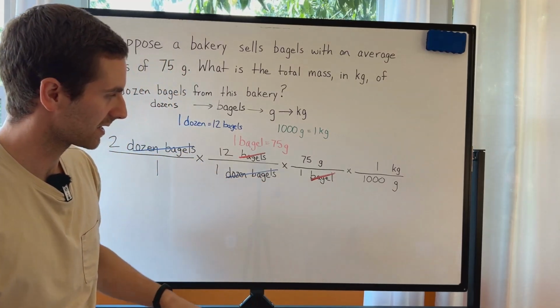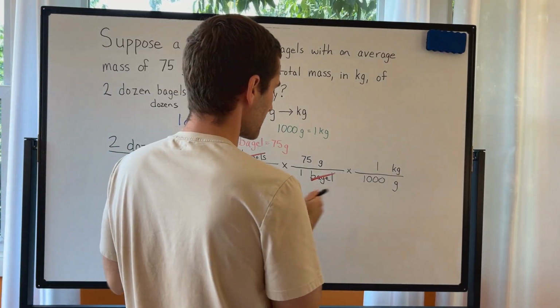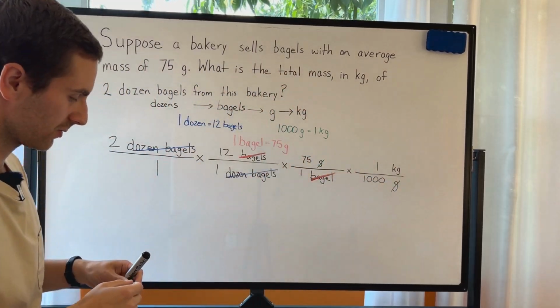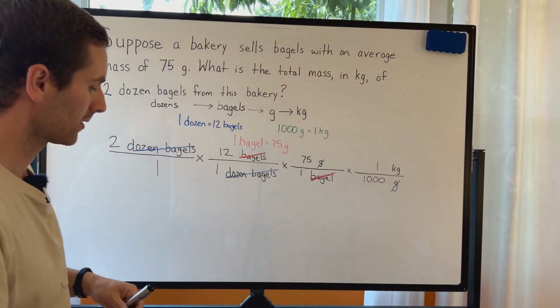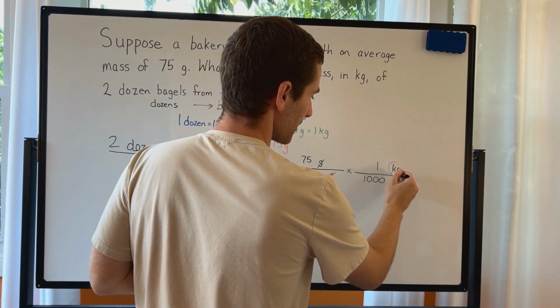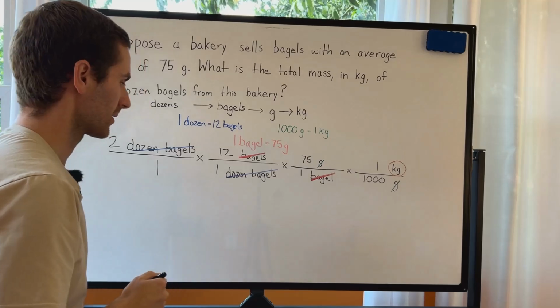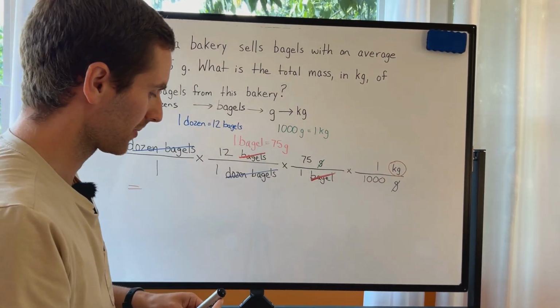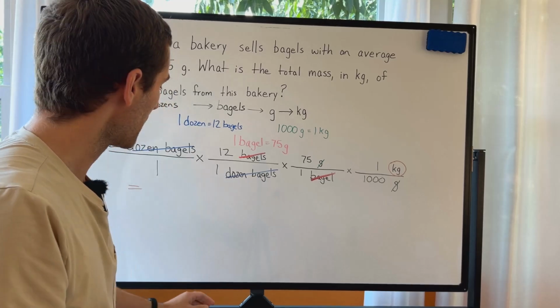So I set it up like that. My grams cancel, and now all of my units have canceled except for kilograms, which is my desired unit. So that is why we set it up like that. We end up in the unit that we want.